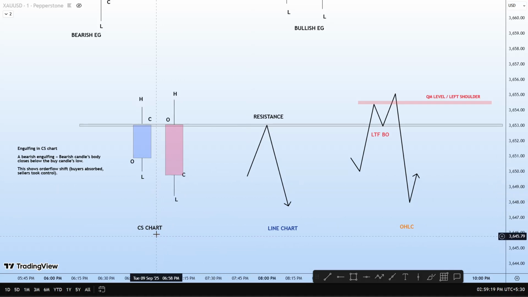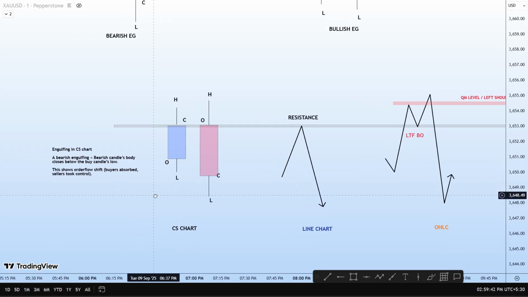Over here I have a candlestick chart. So this is a bearish engulfing sell, right? Because the low of this bullish candle has been engulfed by a bearish candle. So the rule for a bearish engulfing pattern has been met, right?